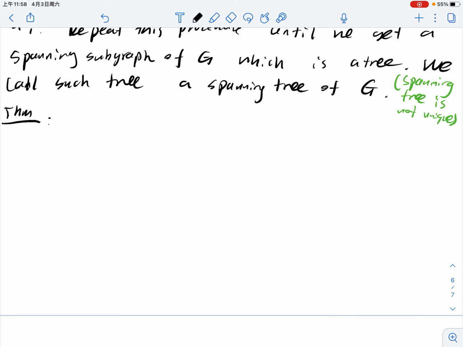After we have some concept, we always want to show that this concept makes sense. So the following theorem says every connected graph, a general graph is the same thing, has a spanning tree.